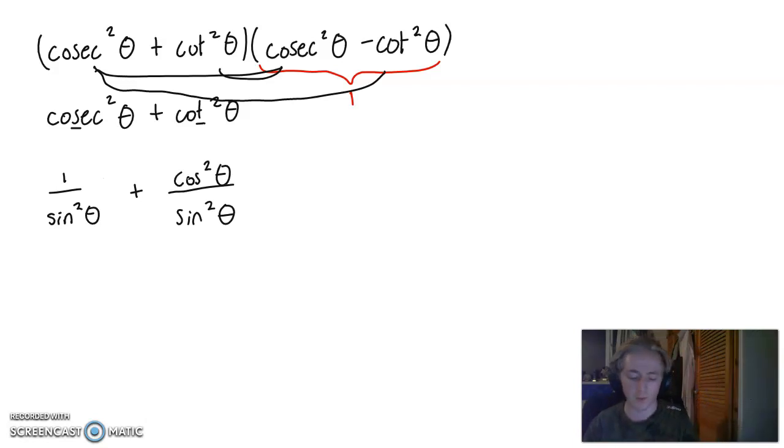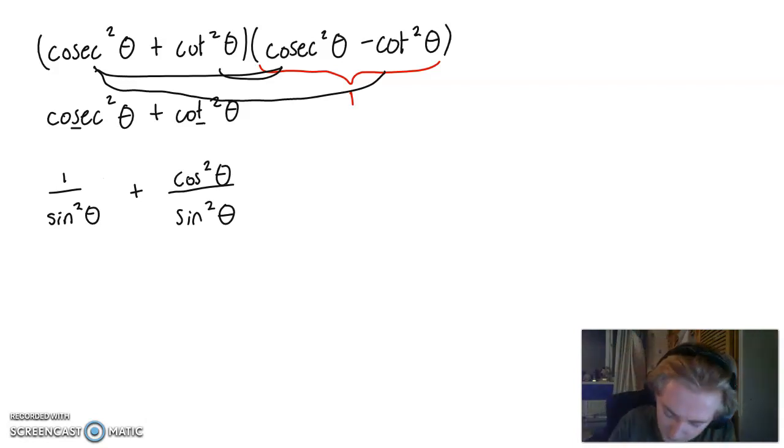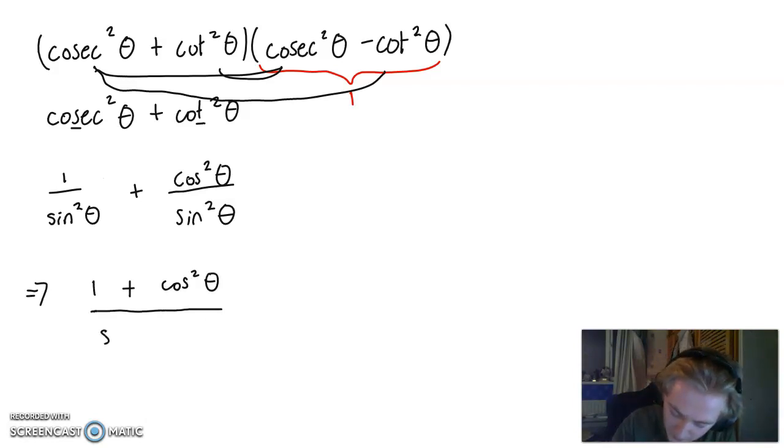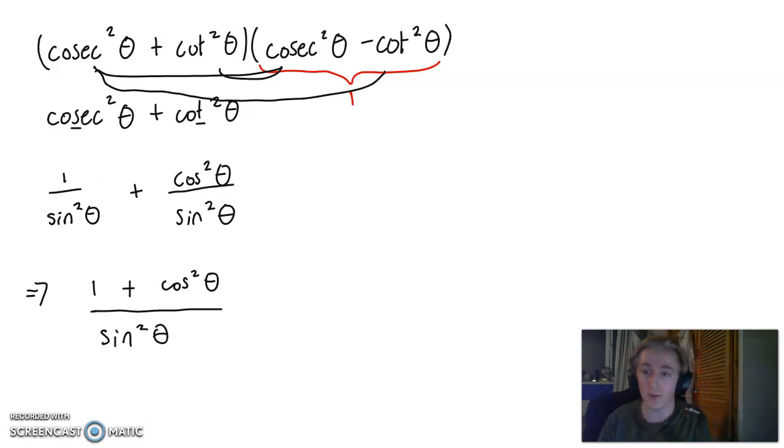Okay, so that's what we've got at the moment, but because we have the same denominator, we can actually just add them together, right? So if we add those, we've got 1 add cosine squared theta, all divided by sine squared theta. Do just say if you have any questions, because obviously we just need to stay on track. So we're really almost there now.